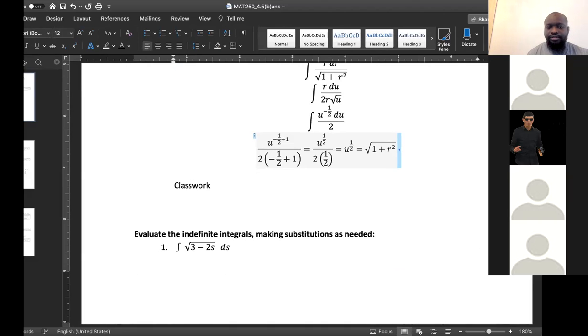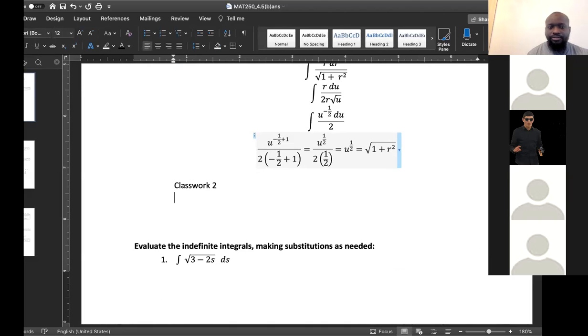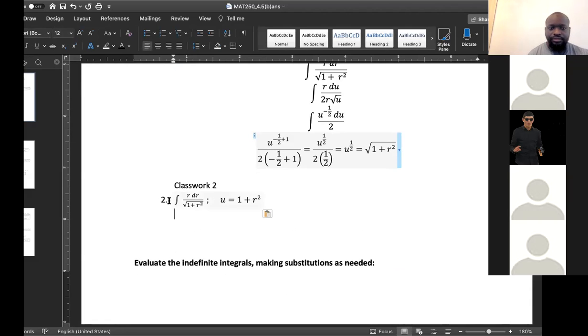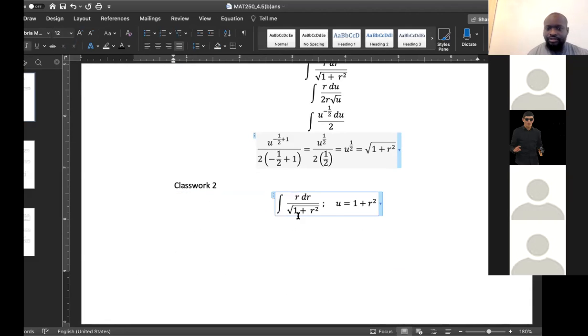Classwork 2. So this is the problem. I'm gonna have 4r squared dr over 2r cubed minus.